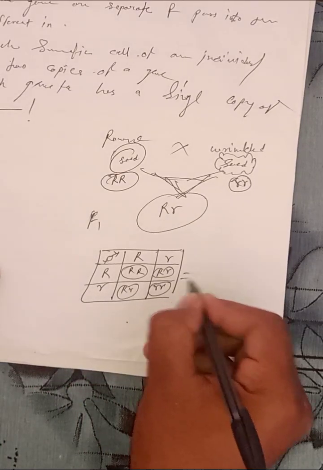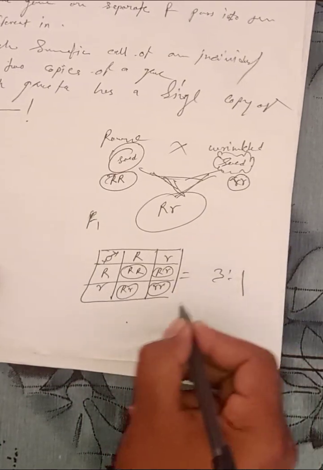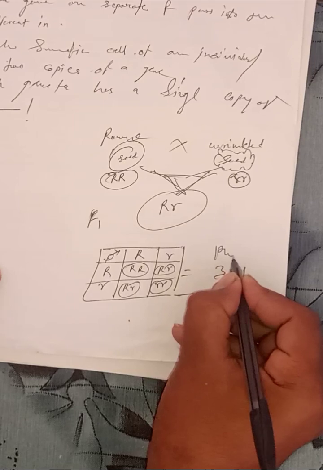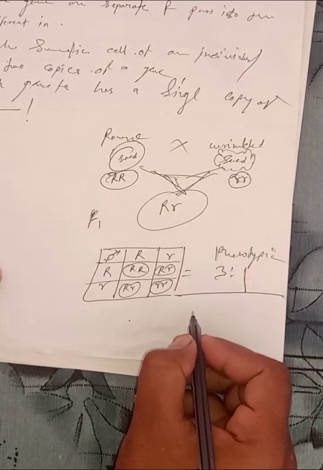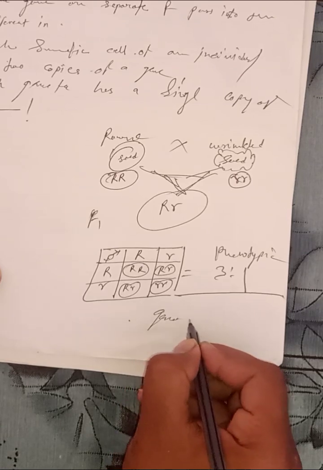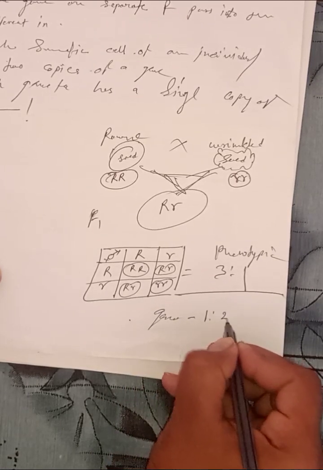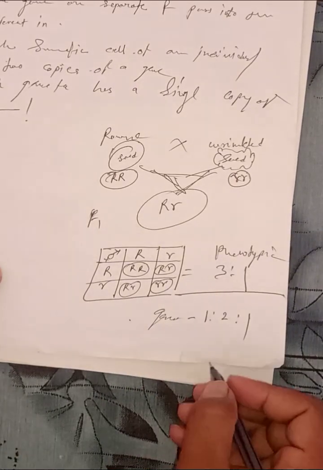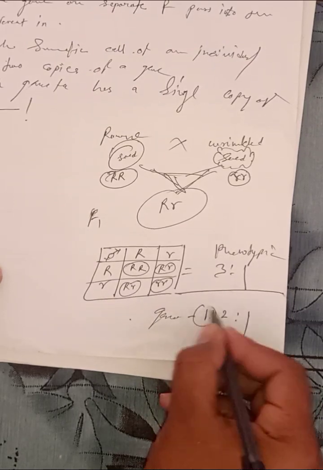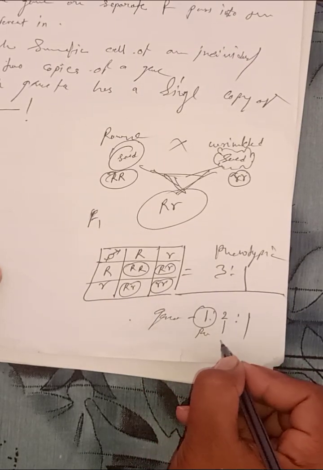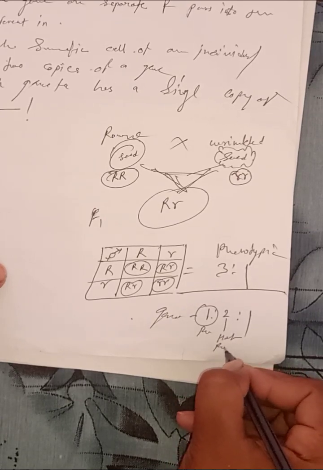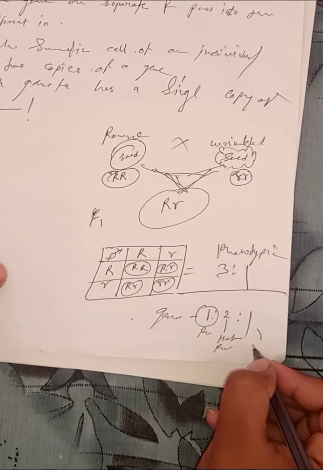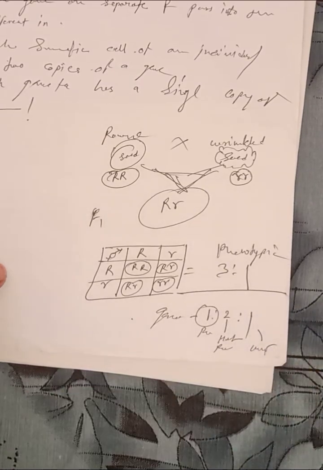So we will find the 3:1 ratio. This is the phenotypic ratio, and the genotypic ratio is 1:2:1. This is the round, this is the heterozygous round, and this is the completely wrinkled seed.